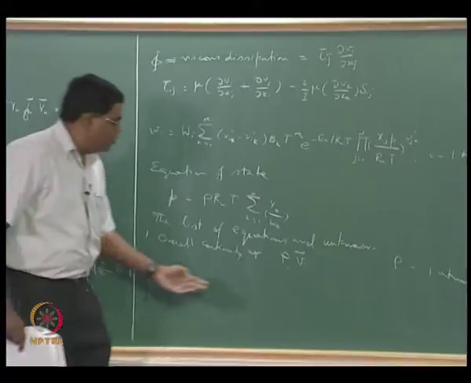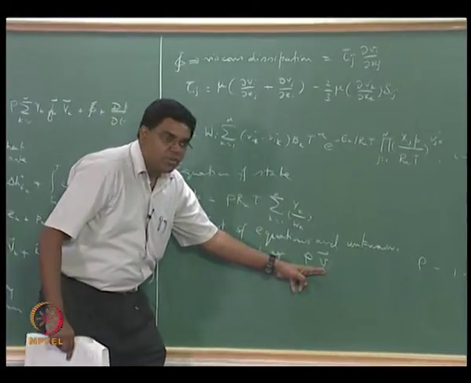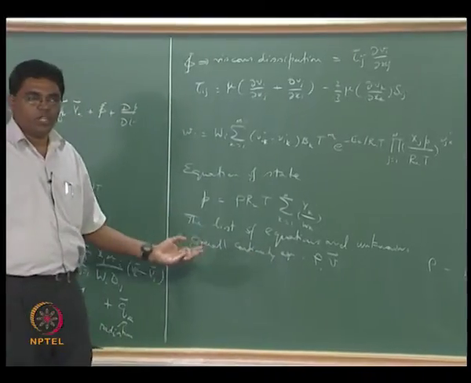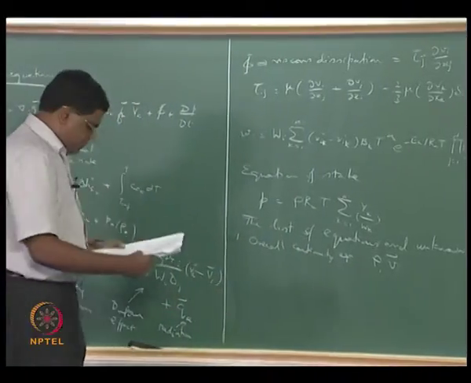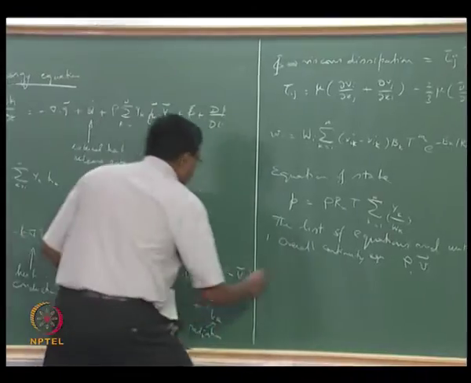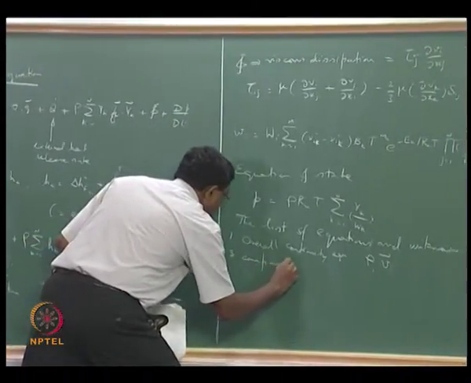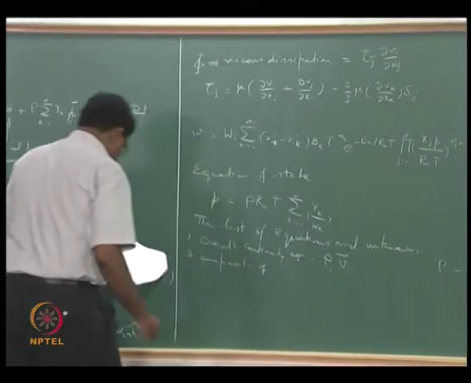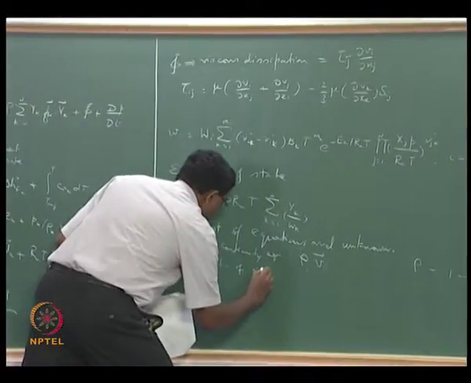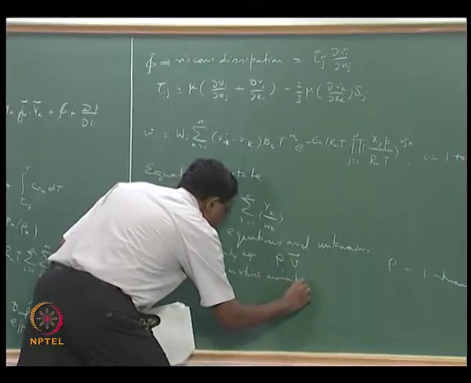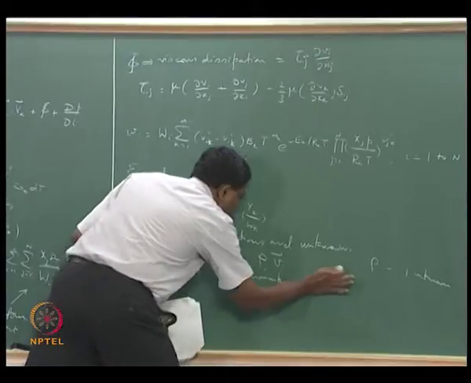If you are looking for a vector as an unknown to be solved for, you look for a vector equation. The momentum equation is a good equation for us. So, 3 components of mixture momentum conservation.